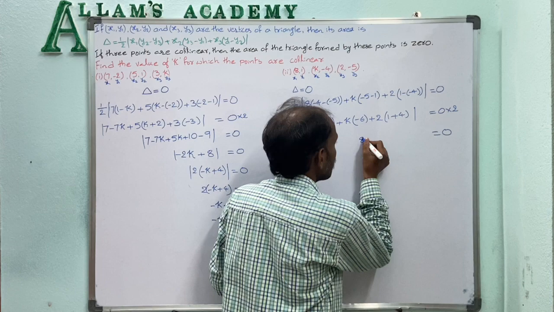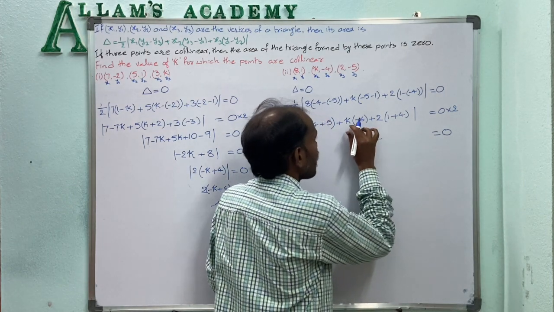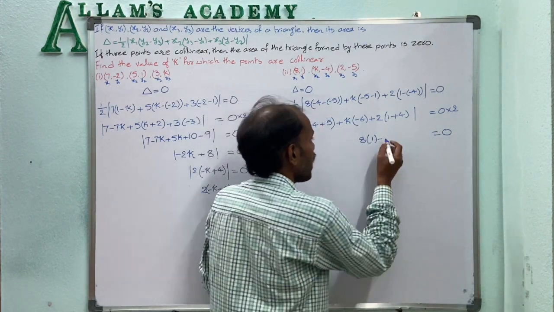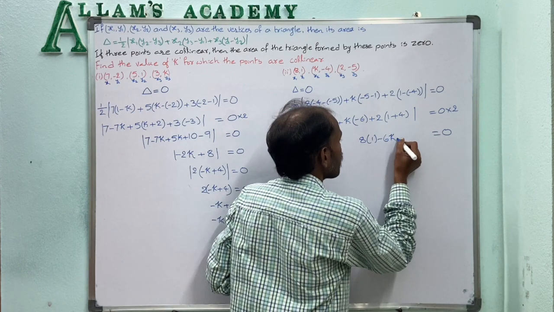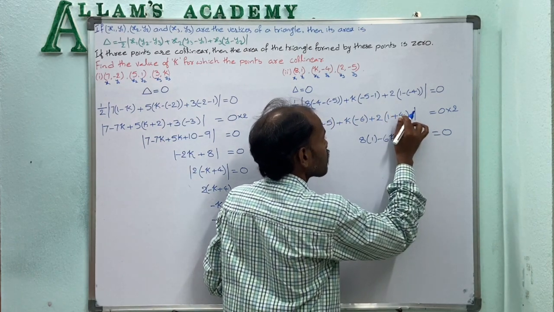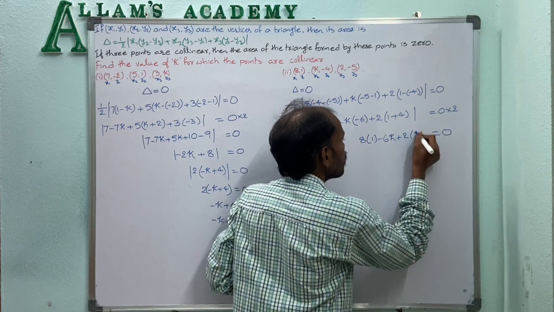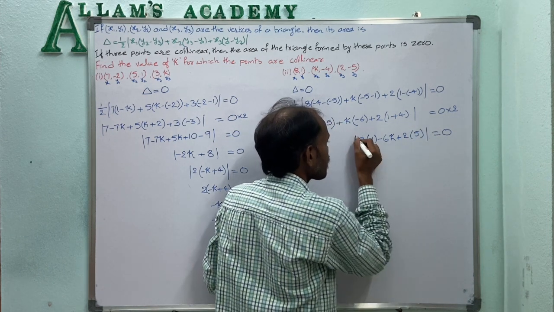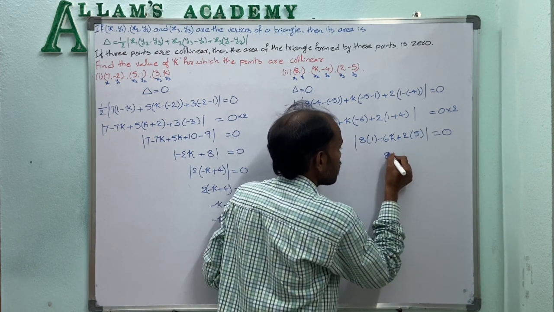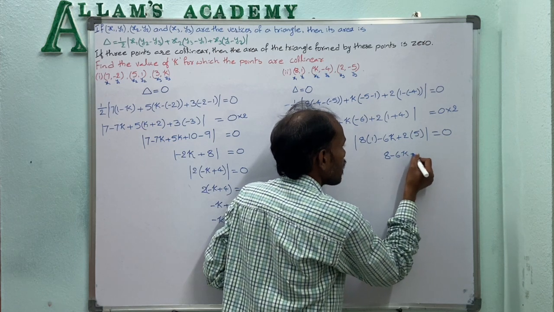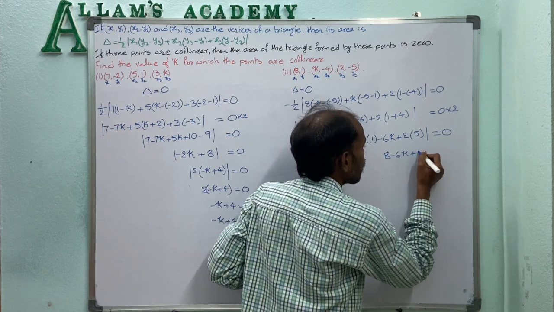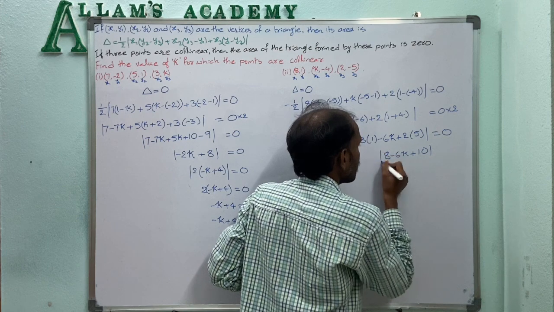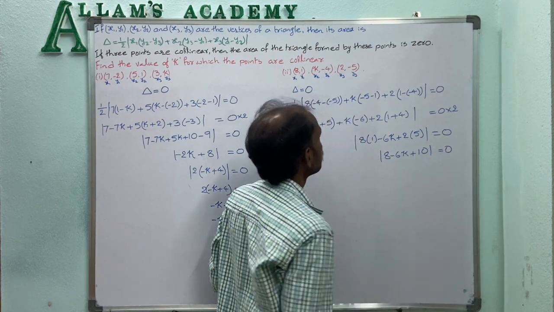So 8 into 1, k into -6 is -6k, plus 2 into 5 is 10, equal to 0.